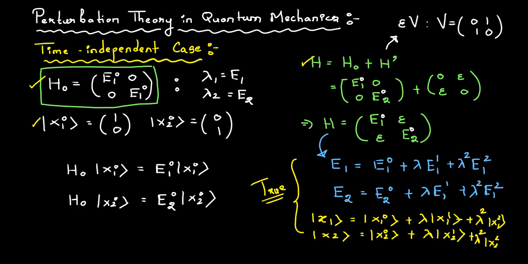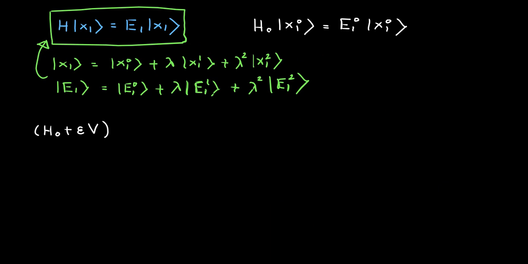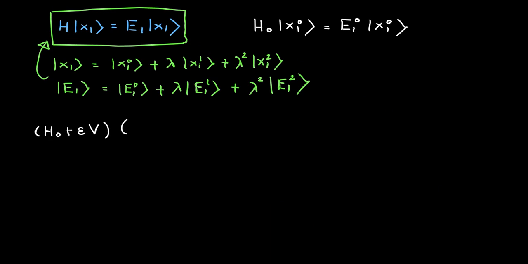So this is this term, and then what is the x1 state? It is x1 0 plus lambda x1 1 plus lambda square x1 2. So don't think of this as x1 square, makes no sense, just corrected values, and we plugged it here, and the other side we need to plug e1 0.